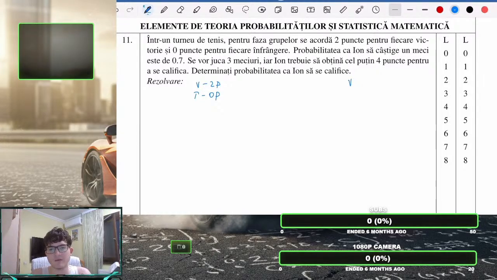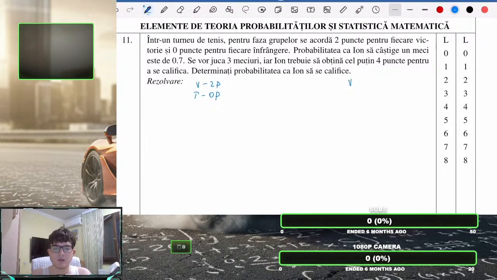The probability that Ion wins one match is 0.7. 3 matches will be played, and Ion needs to obtain at least 4 points for qualifying. Find the probability of Ion to qualify. Okay, so basically this is quite good maybe if you are a tennis manager, but ChatGPT can solve this for you, so why do I need to solve it myself?